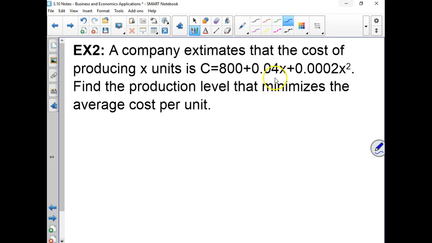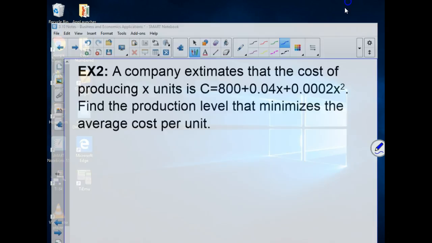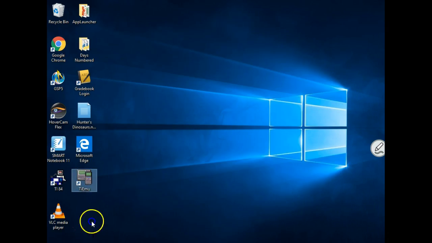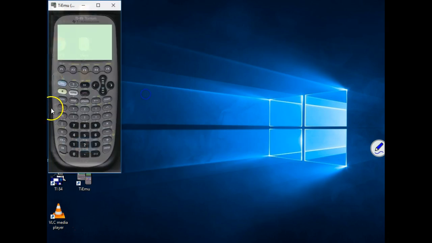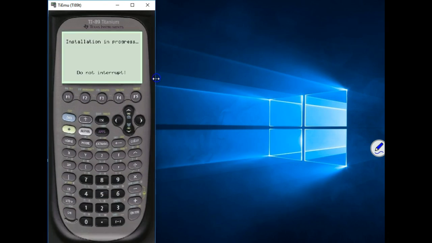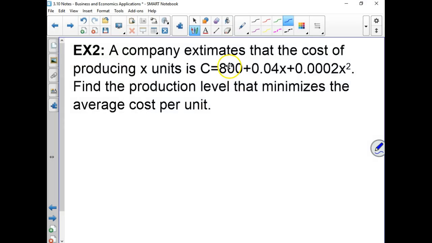So, let's just take our derivative by hand on this one, especially since this thinking calculator is being hateful. This is also a pretty easy derivative, so dC/dx would be 0.04 plus 0.0004x.